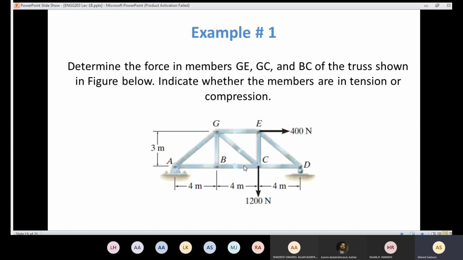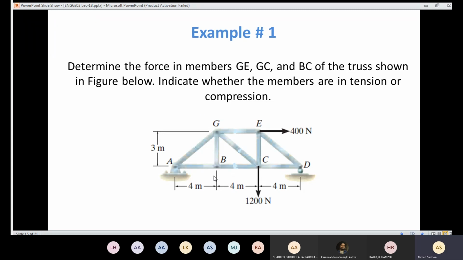If I'm going to use the method of joints, I need to start from here and move in there and so on. But since I can use the method of sections, I can directly pass a section here to reveal the internal forces acting on those 3 members.